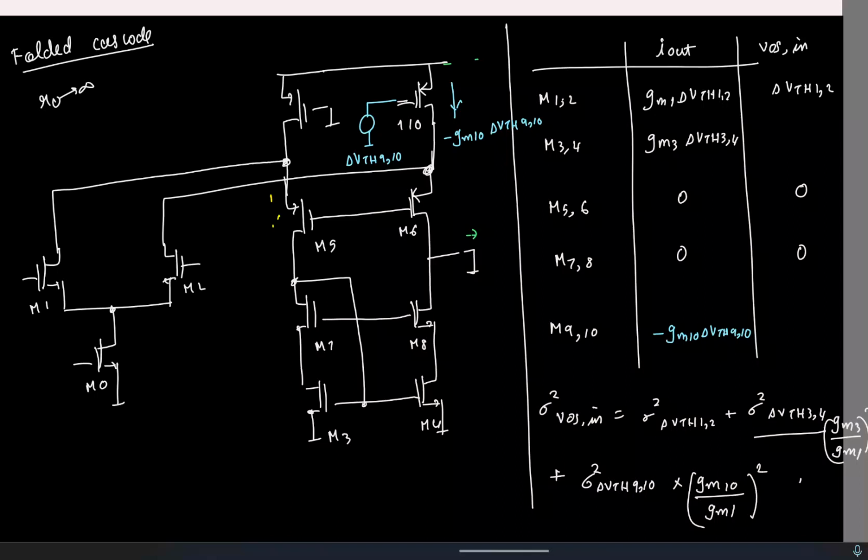So the additional current sources that we are adding will add to both noise and offset. That's an issue with the folded cascode.